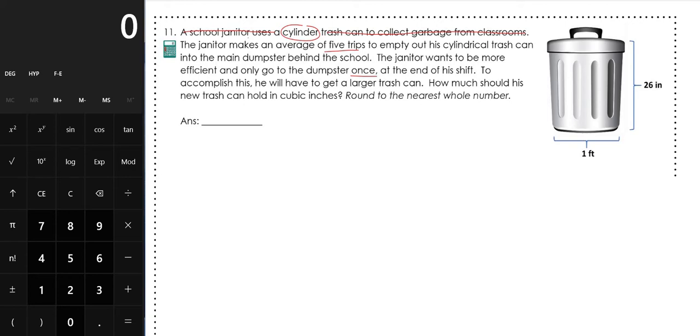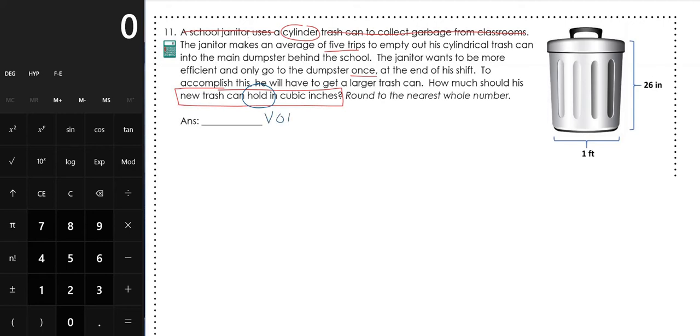So your goal is to figure out how much the new trash can hold in cubic inches. There's a couple of really important things that happen here in the ask. First thing that you should note is that it gives you clues as to what to solve for. It's telling you hold. When you're talking about how much something can hold or fit into something, you're talking about volume.